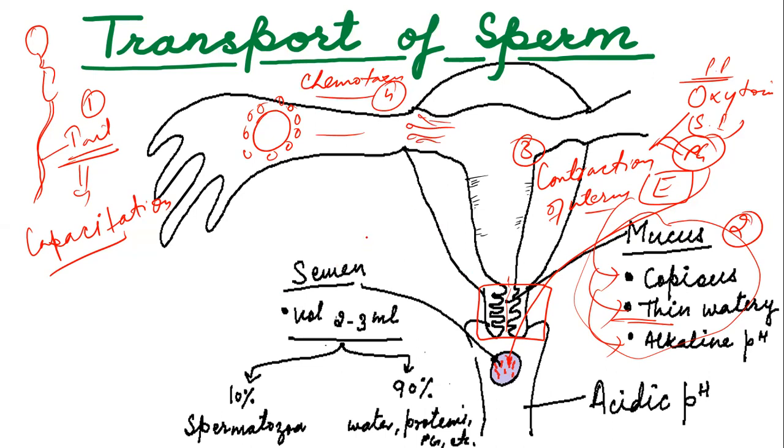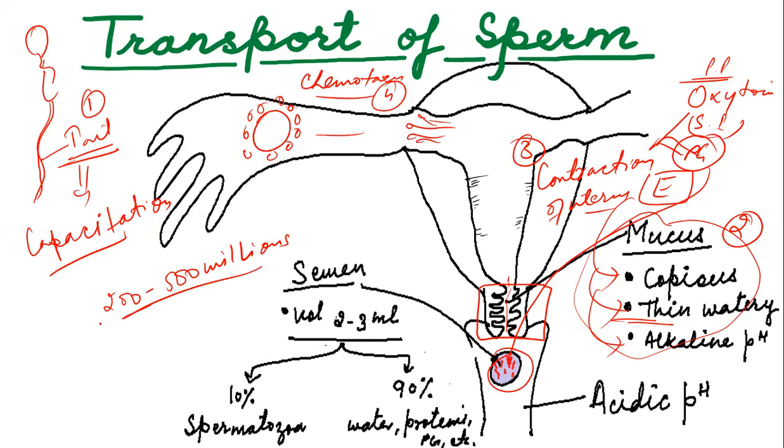One more thing I would like to discuss: in the semen, the total number of sperm present is around 200 to 500 million.